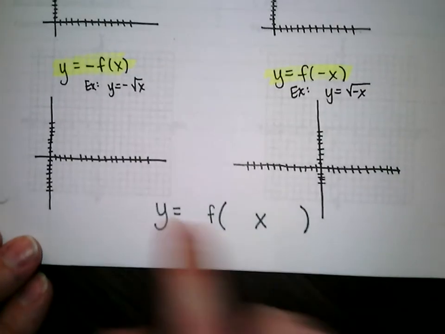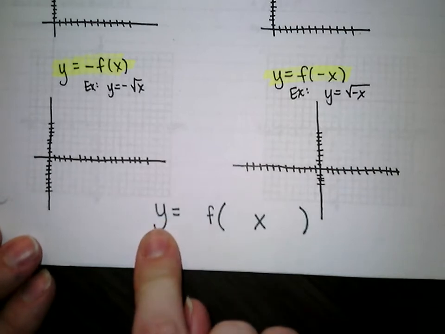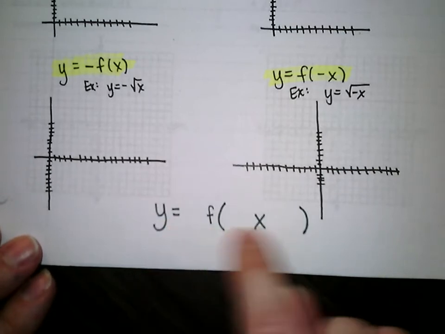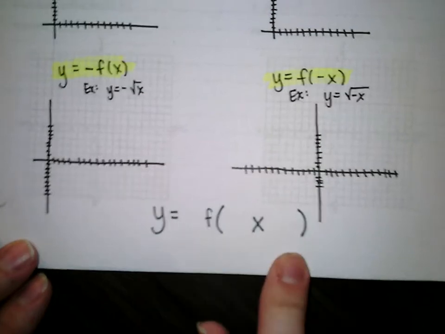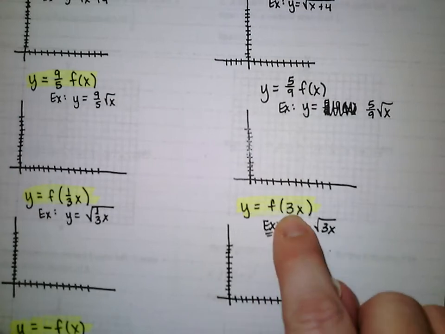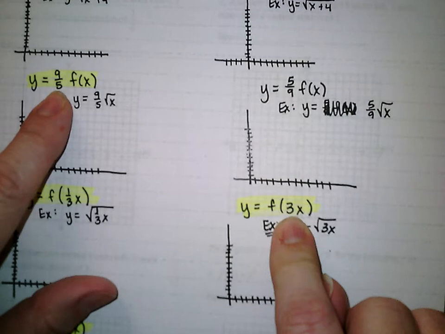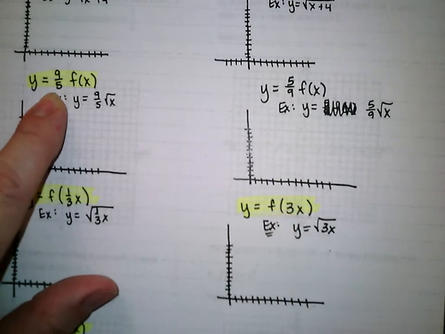Down at the bottom of the page, I want you to add this in here. So I'm talking about any function, y equals any parent function, and I'm going to show you where the transformations would be written. So like, for example, here I have a 3 inside versus having 9/5 out in front of the f of x.